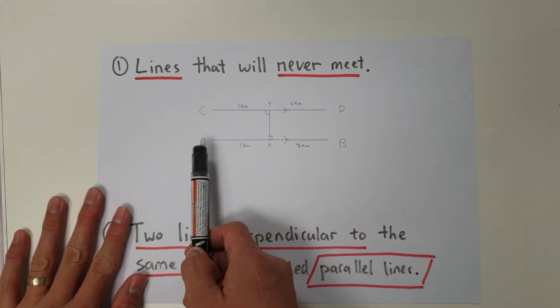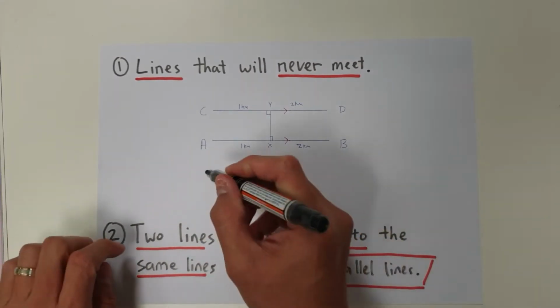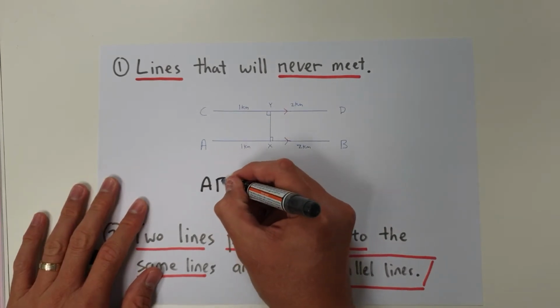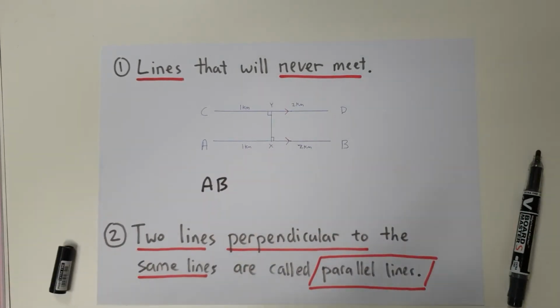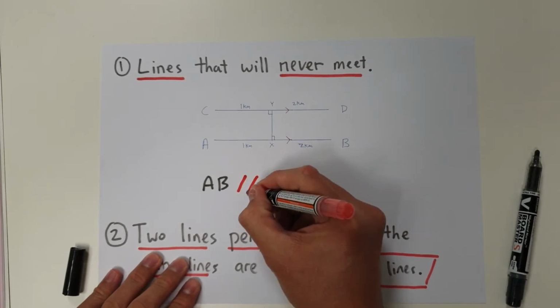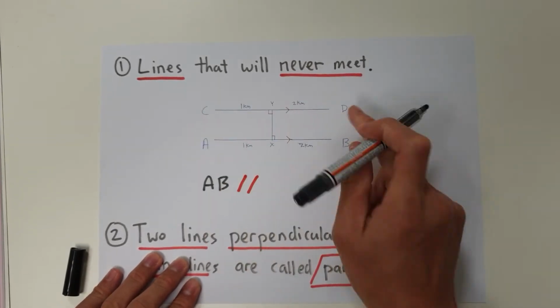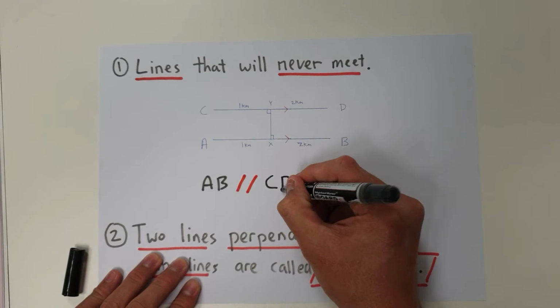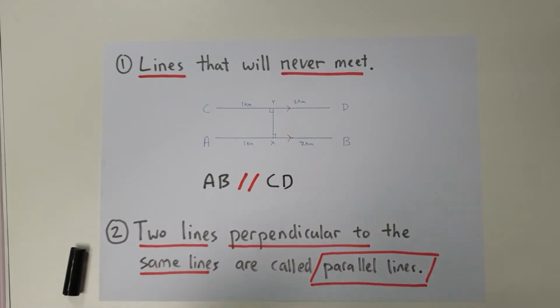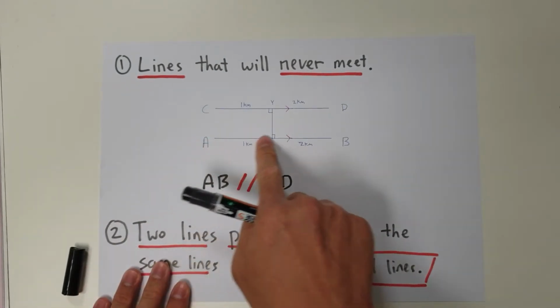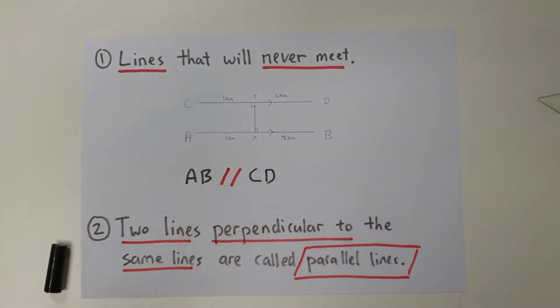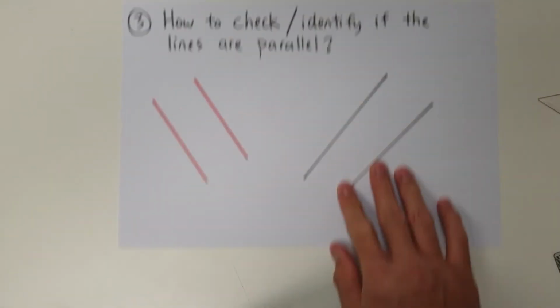We'll say that line AB is parallel, using this symbol, parallel to line CD. Line AB is parallel to line CD. Let's move on to the next one.